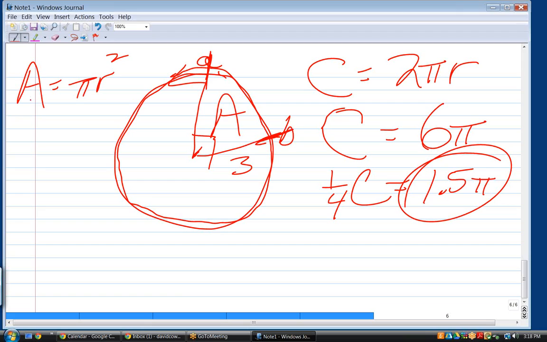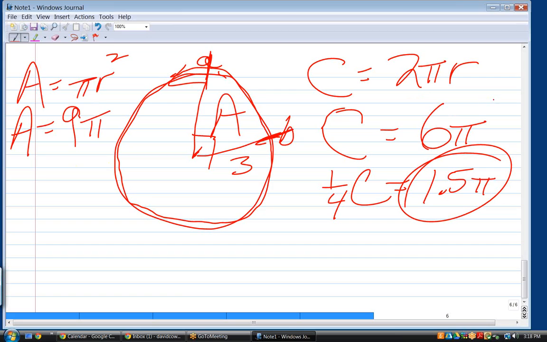So if the area of the full circle is pi r squared, what is it for this circle? It's 3.14 times... No, leave it as pi. Don't round it off. Just substitute 3 for the radius. Oh, okay. So it's 9 pi.